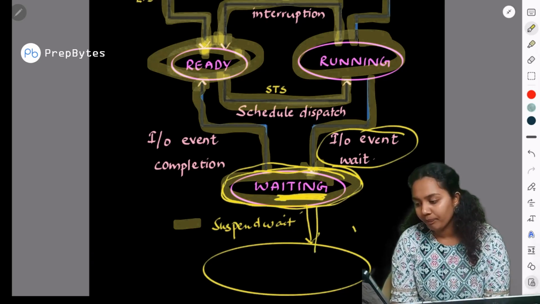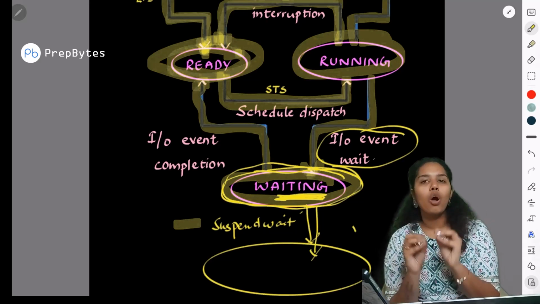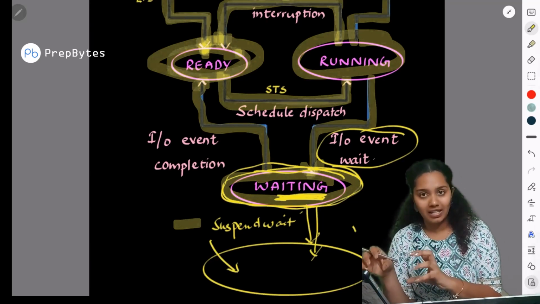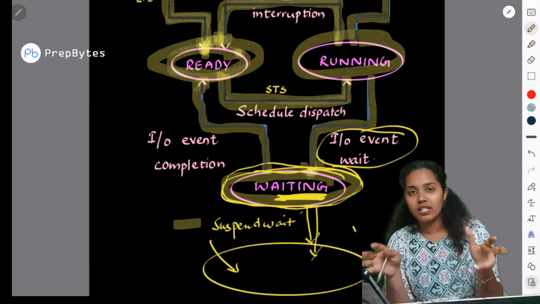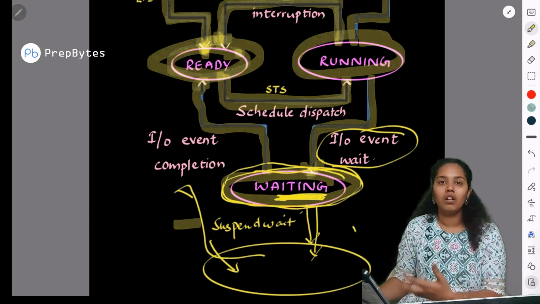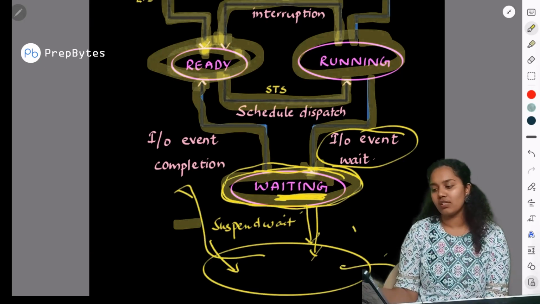So it will temporarily pause all the processes and load them into this suspend wait state so that they have extra space for waiting until the IO is available. That is what happens. This is the additional state.